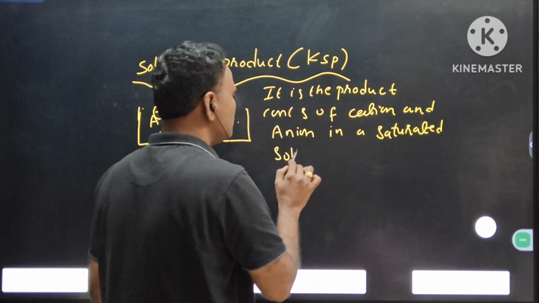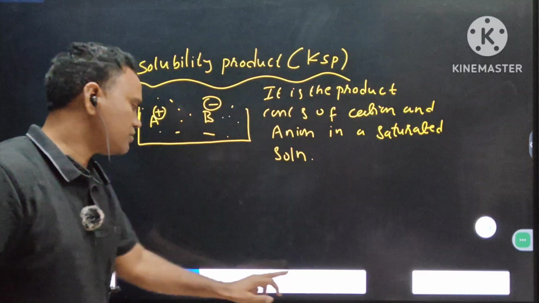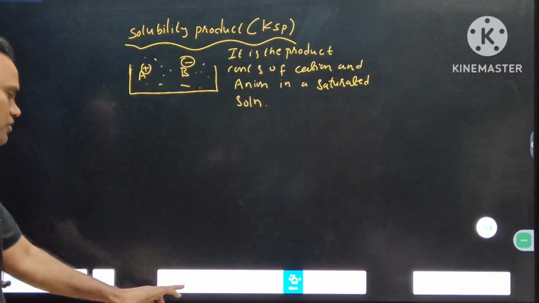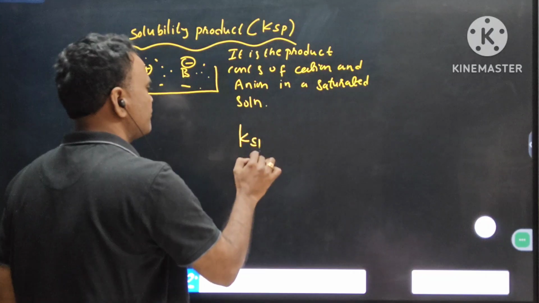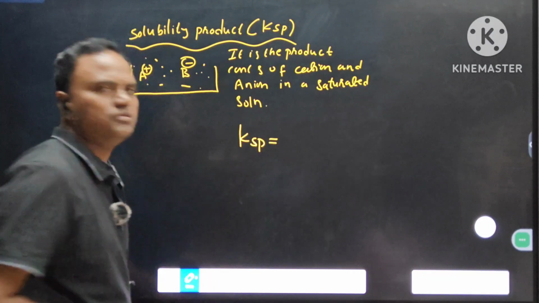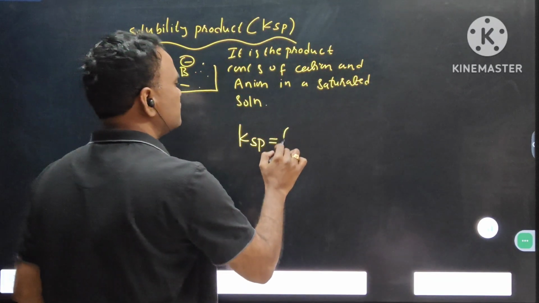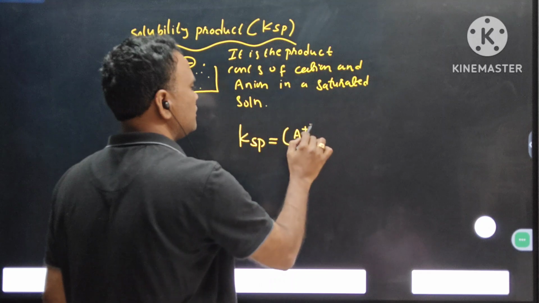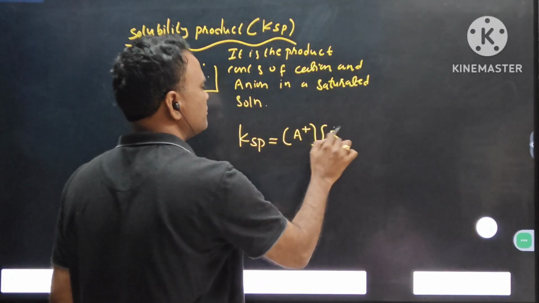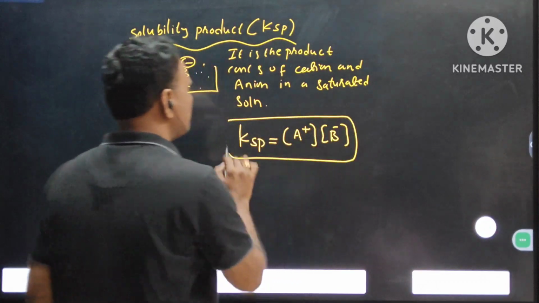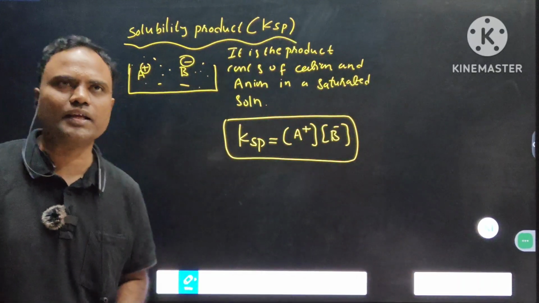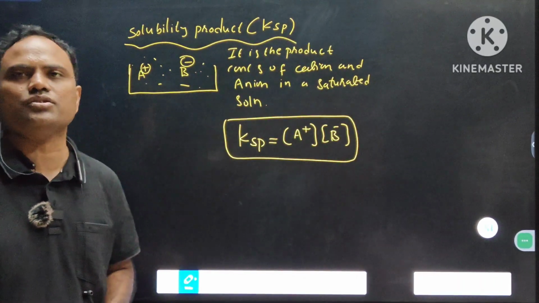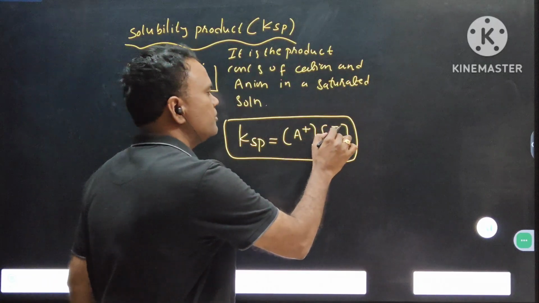Saturated solution is the condition. Ksp is equal to the concentration of cation A plus and anion B minus. So Ksp, the solubility product, is the product of concentrations of cation and anion present in a saturated solution.